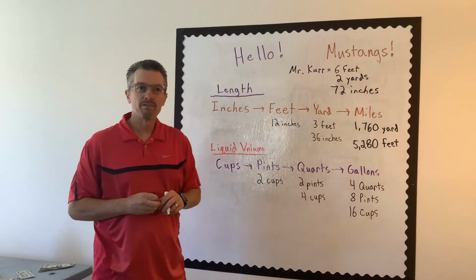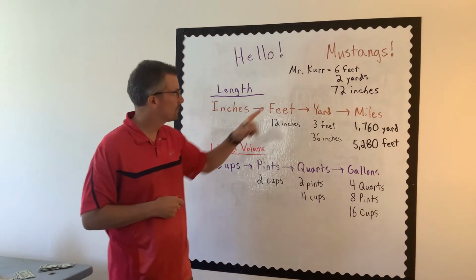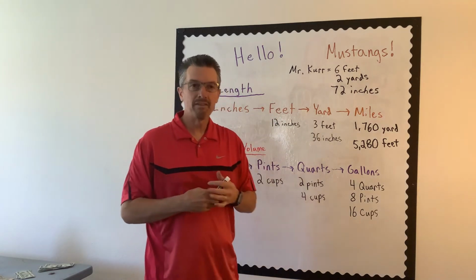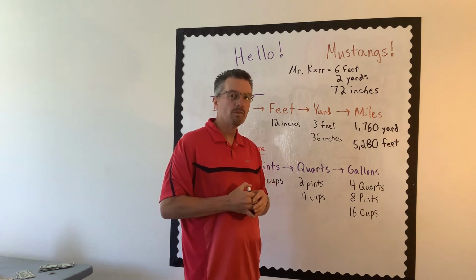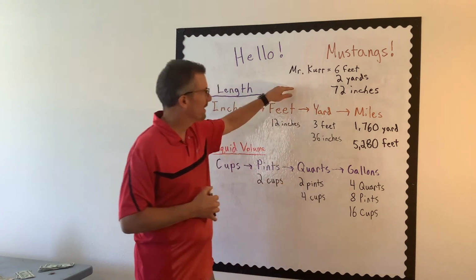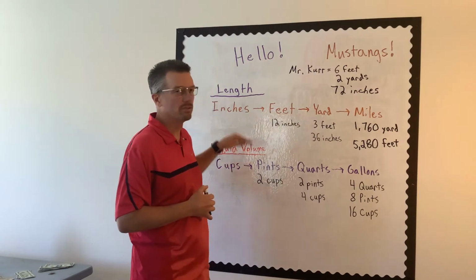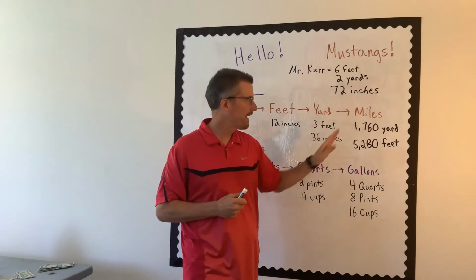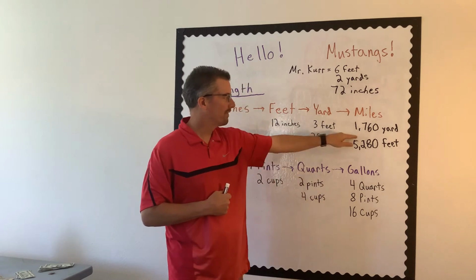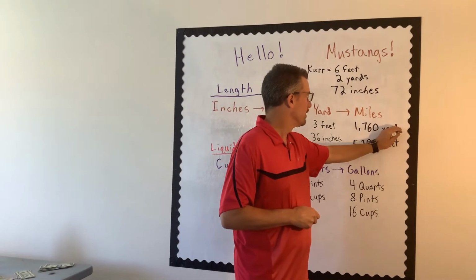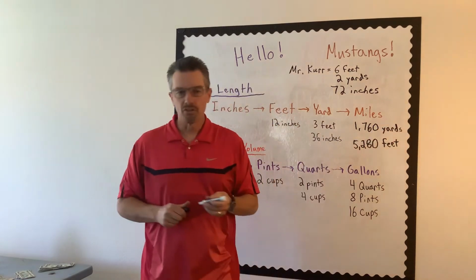Yes, 12 times 6 is 72 inches, so I am 72 inches tall. So your plan for today, lesson number 1, I'm going to give you something to convert from yards to feet to inches. We're not going to use the miles conversion. I have it here for reference. There are 1,760 yards in a mile and 5,280 feet.